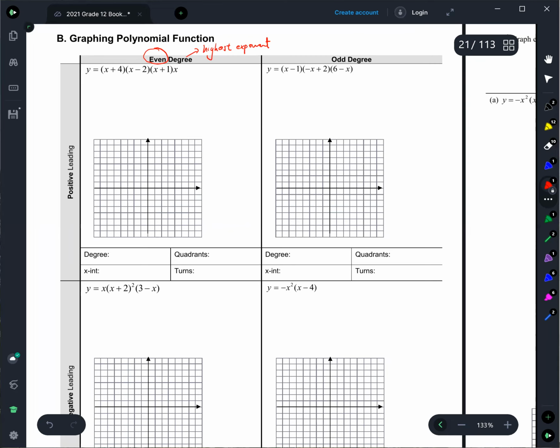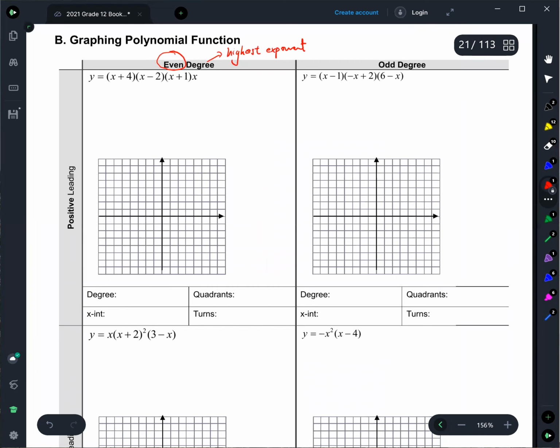Okay, so for example, if I multiply all the brackets out, the x times the x times the x times x, this one will give you an x to the 4 plus other terms, right? So highest degree is referring to after you expand it, you get a degree of 4 for this one, okay? Because it has the highest exponent 4.